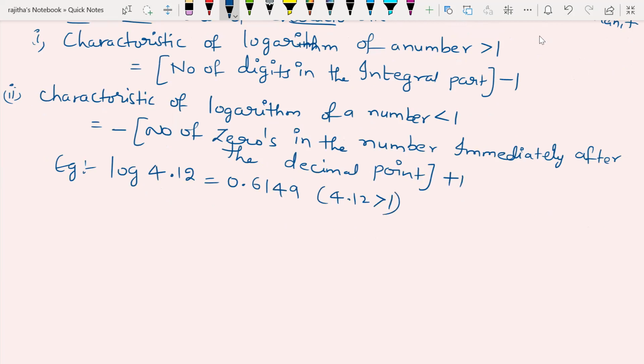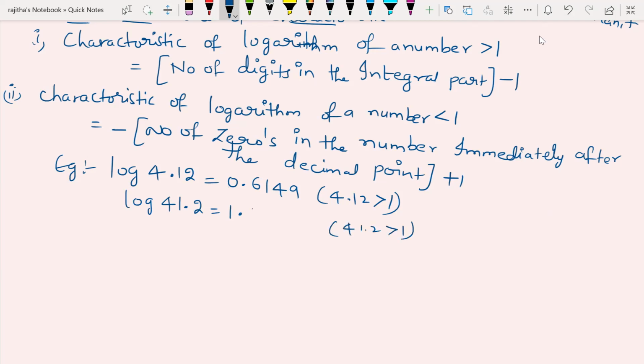The number of digits in the integral part is 1. 1 minus 1 becomes 0. That is the characteristic, 0.6149. Now logarithm of 41.2. Here the number of digits in the integral part is 2. 2 minus 1 is 1. Here 41.2 is also greater than 1.